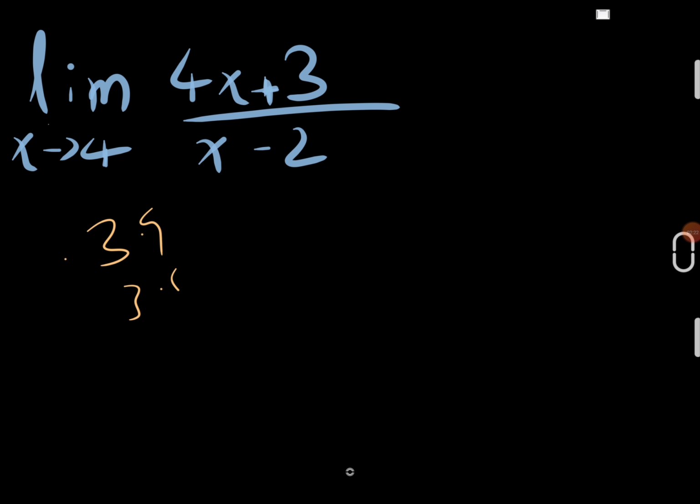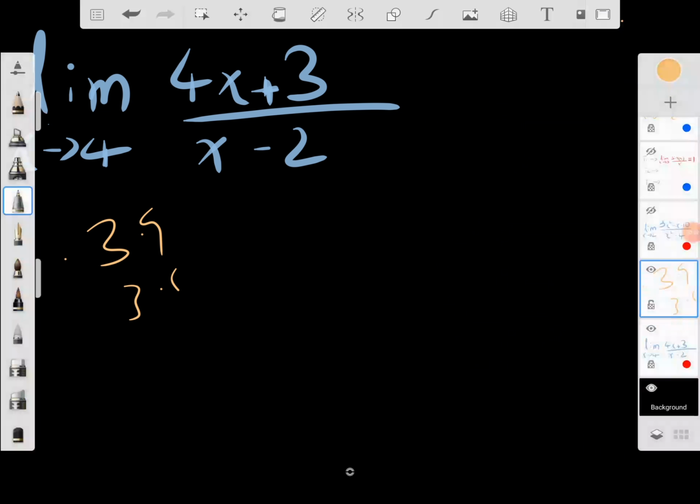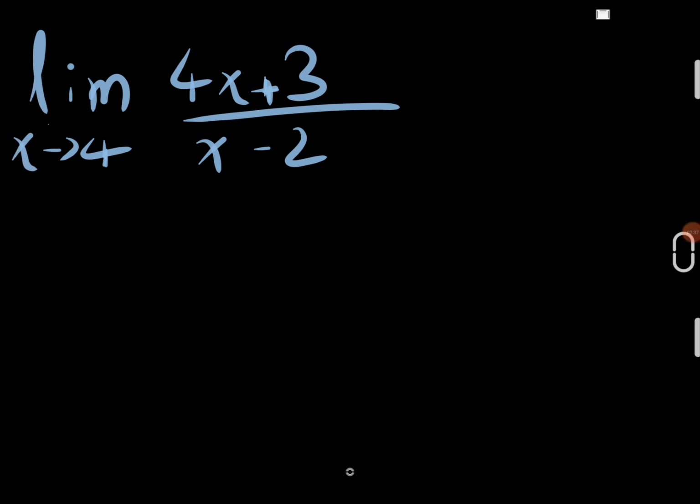But there is a shortcut, and remember, this is not the exact way we use the concept of limits, but it's a shortcut. The shortcut is to just substitute the value 4. Remember, this is not the concept. We are just using a shortcut method to bypass all the lengthy processes.